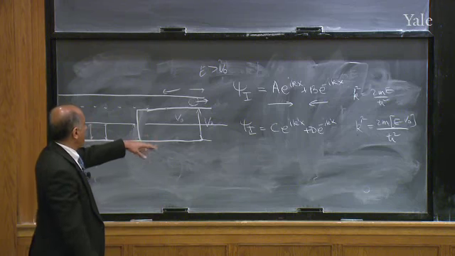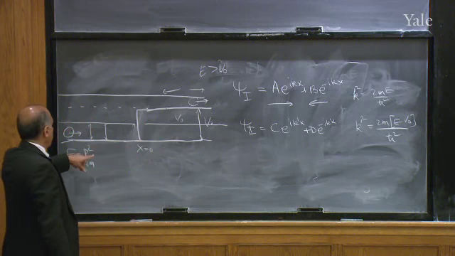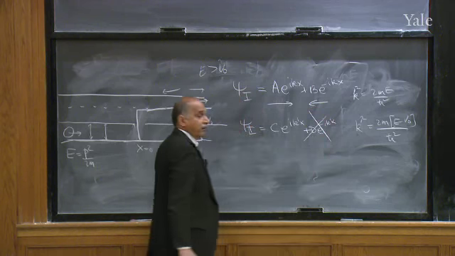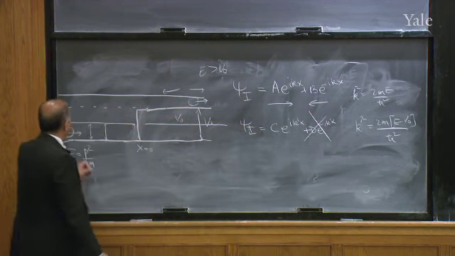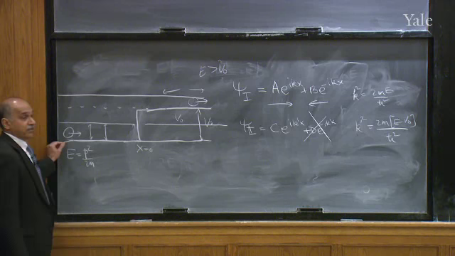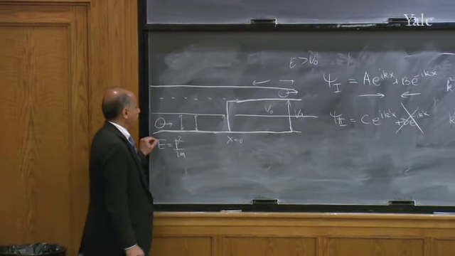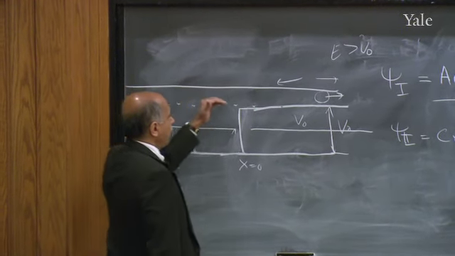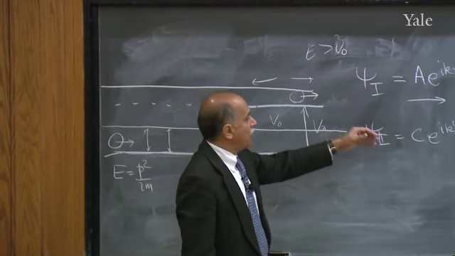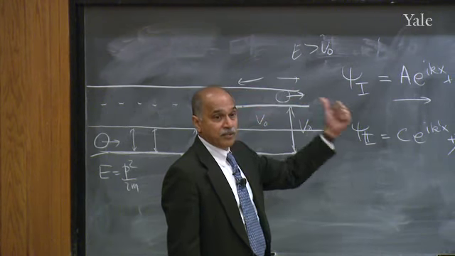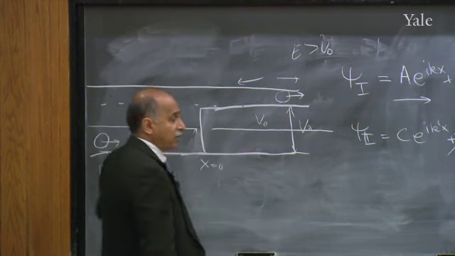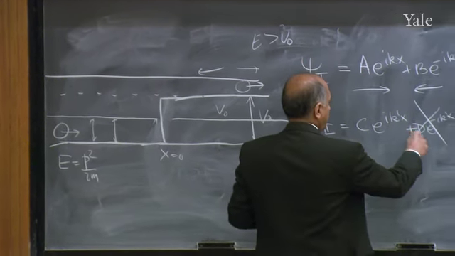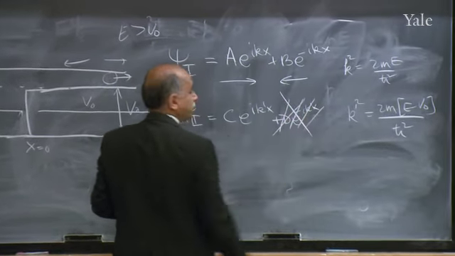So you can pick the coefficients A, B, C, D arbitrarily, but I'm going to choose D equal to 0, because I have in mind a problem where the particle came in from the left. If it came in from the left, I'm prepared for some of it coming back, reflected, and some of it getting transmitted. There's nobody coming in from the right at plus infinity, because I'm not sending anything from there. I'm sending my particle from the left. So I pick a solution in which D, which could be anything, is 0.